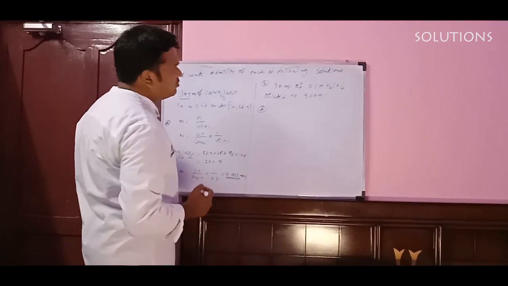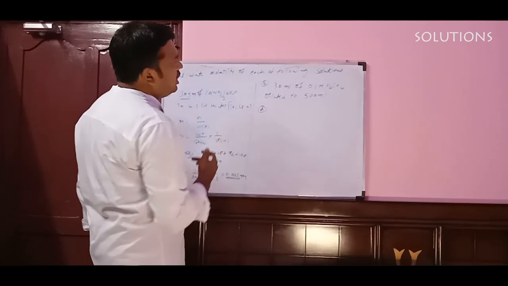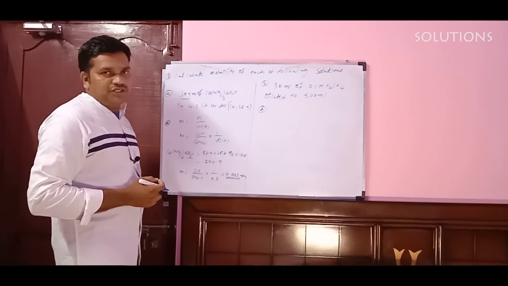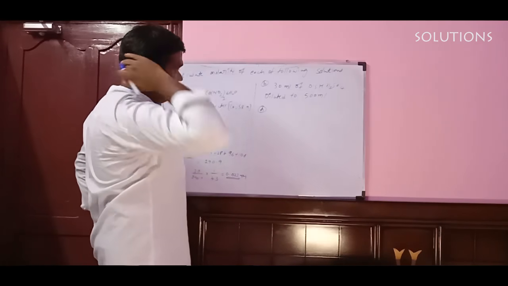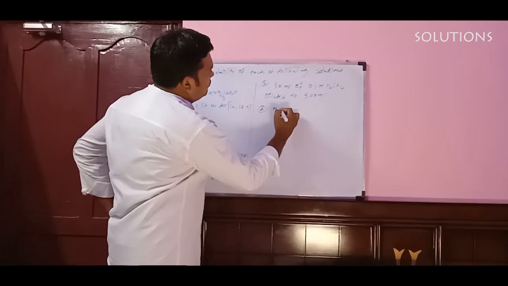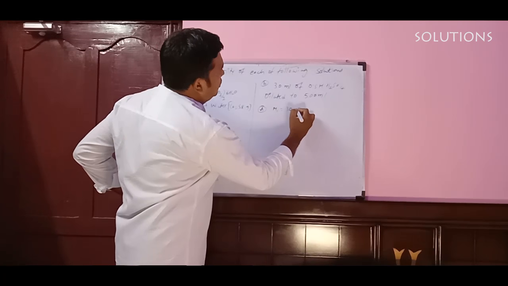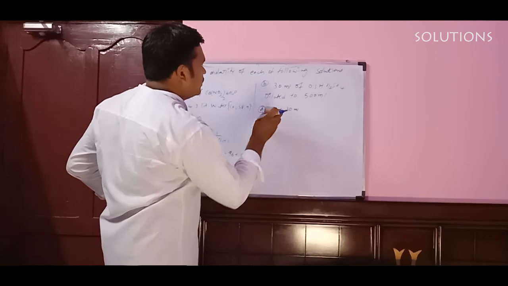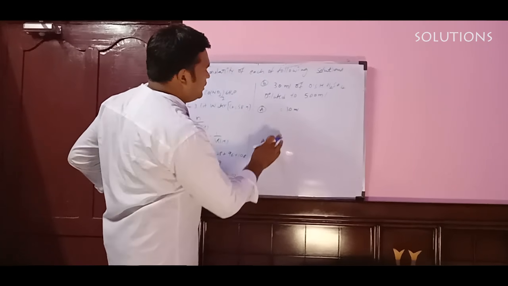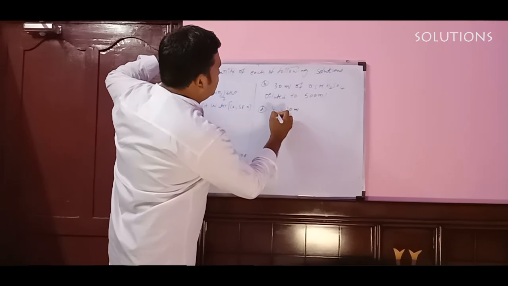See option B: 30 ml of 0.5 molar H2SO4 is diluted to 500 ml. Clear? The volume is given as 30 ml, that is V1.